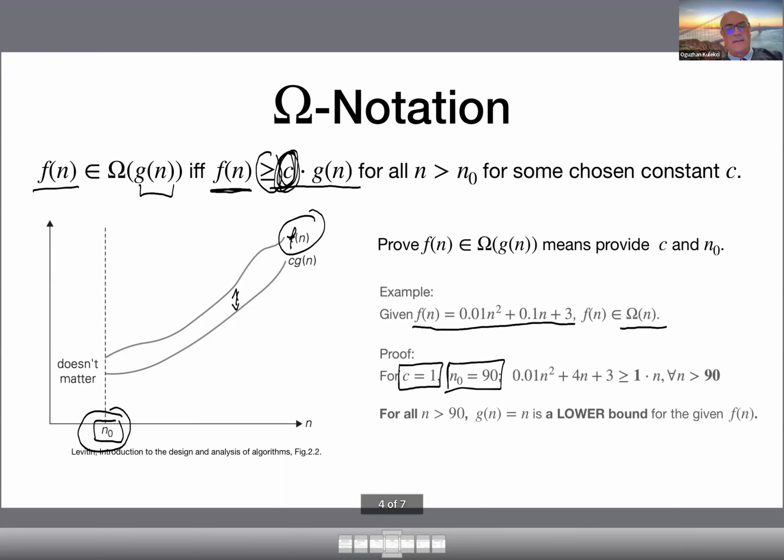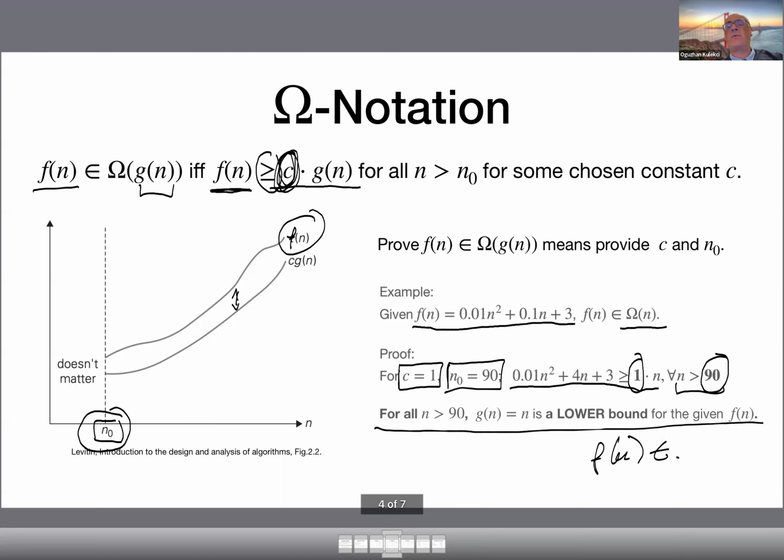Once I set this, I can show you mathematically that this will always hold when n is greater than n0. Once I provide you the n0 and c values, and this inequality always holds, then I can say f(n) is an element of big omega g(n).